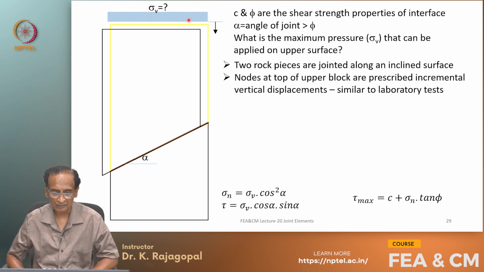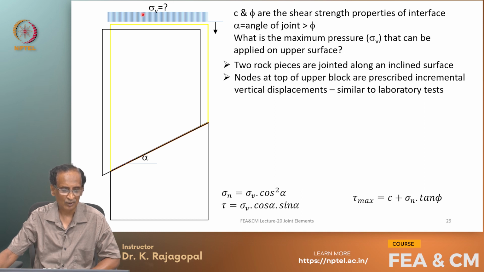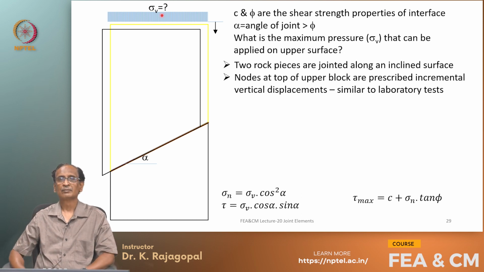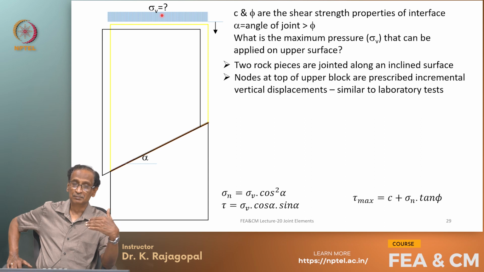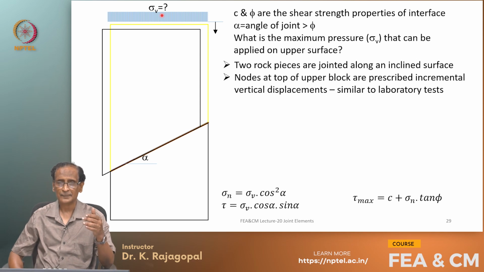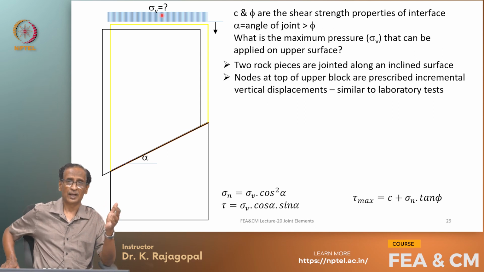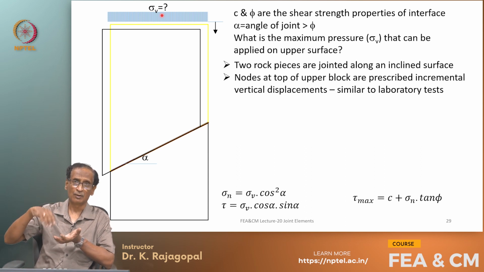And see, how we can perform this: we do not know what is the maximum pressure. So, if we do not know, we cannot really apply any pressure. And if you look back on how we perform these laboratory tests, all these strength tests are mostly displacement control tests.